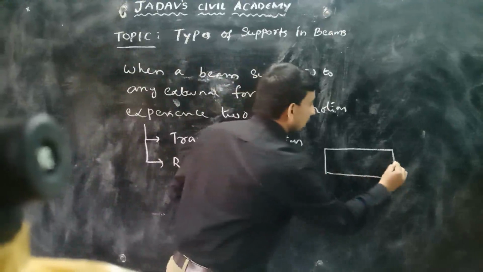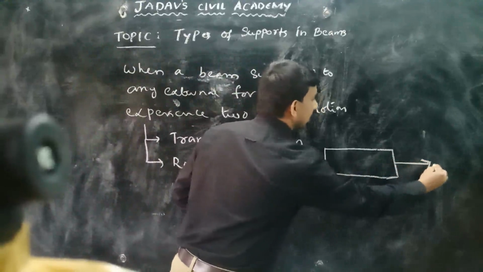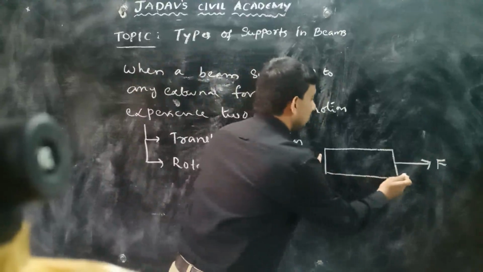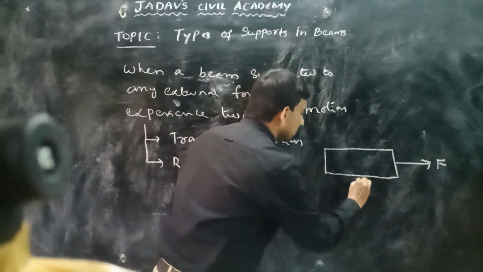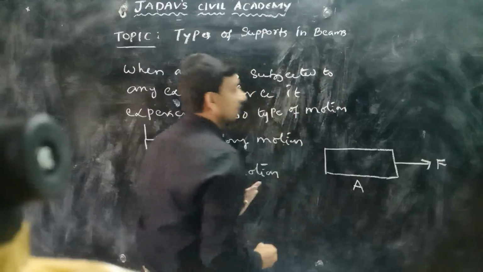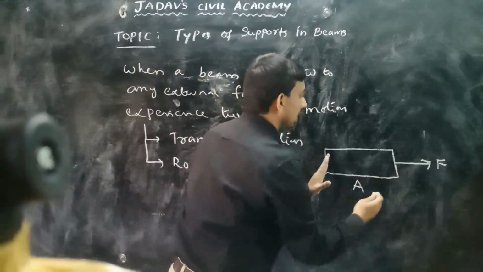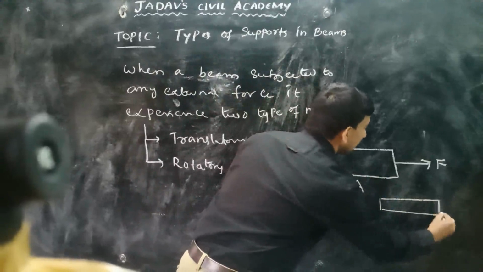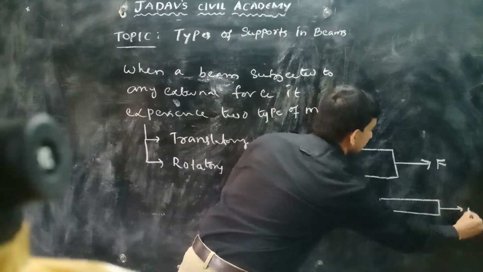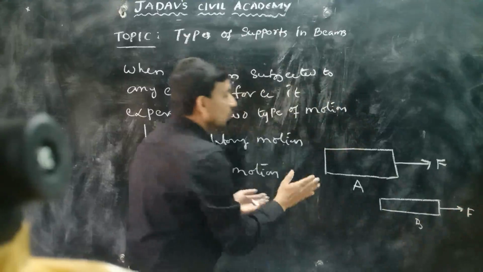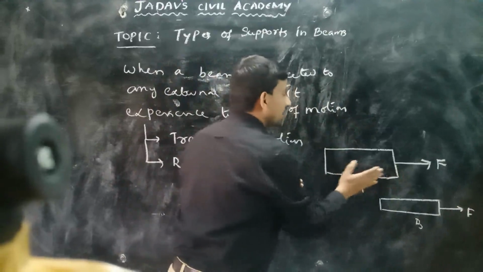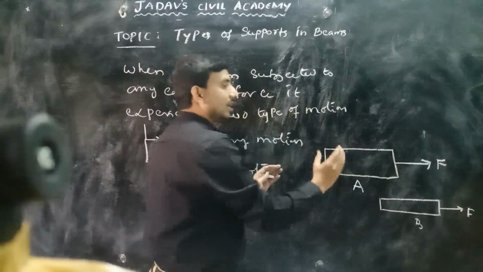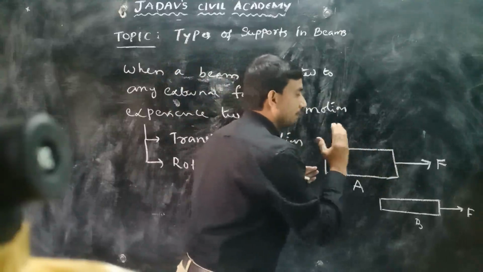If you apply any horizontal force in this direction, say the force is F, because of this horizontal force, the position of the beam, suppose initially it is at position A, after application of force F, it will shift to another position, say B. So it is moving in horizontal direction. Shifting the position from one place to another place, we can call it a translatory motion.